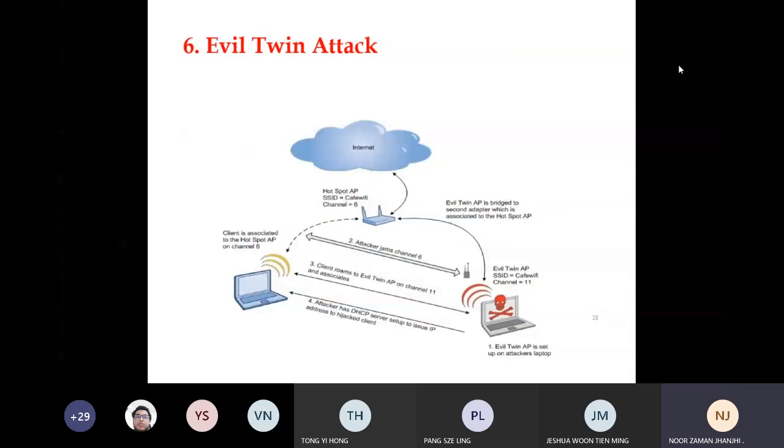In this way, there are many different attacks as well. Today we are just discussing a few of the attacks to give you an understanding, just for brainstorming. The next attack is the Evil Twin attack.